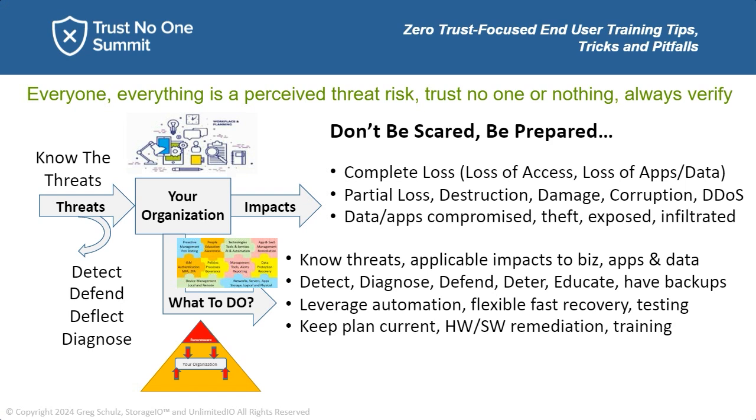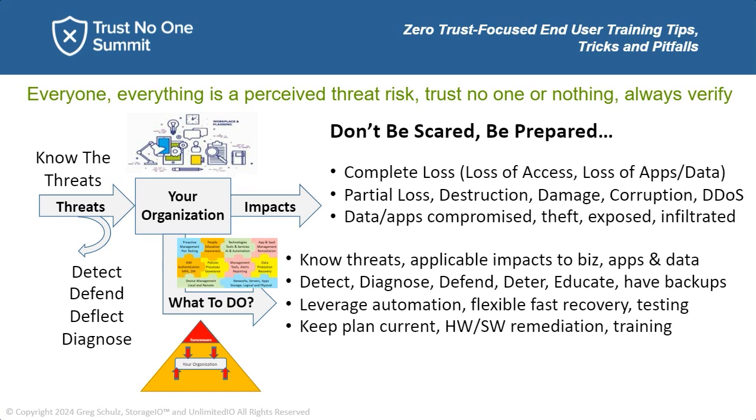Know what the threat risks are, know what the applicable threat risks are and their particular impact to your organization. Over there on the left, this is a basic building block approach of detect, defend, deflect, diagnose, but also be ready to protect your organization if you are impacted.